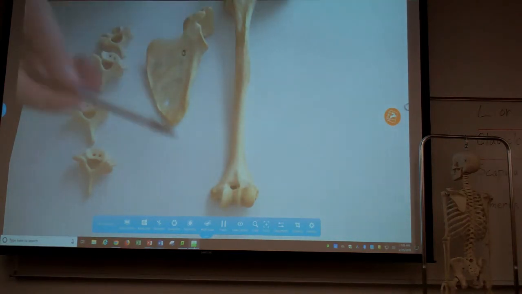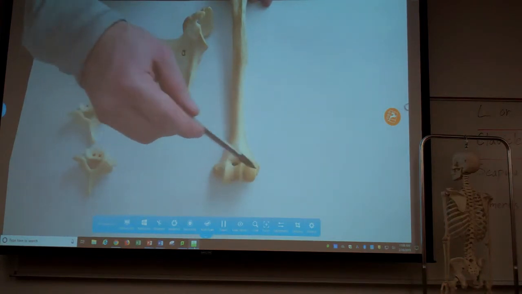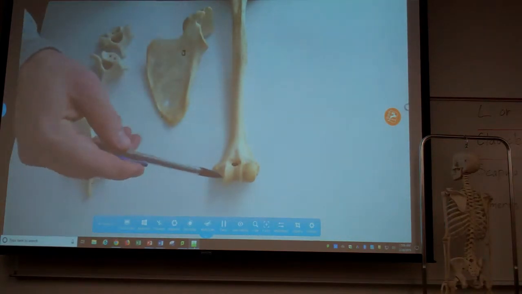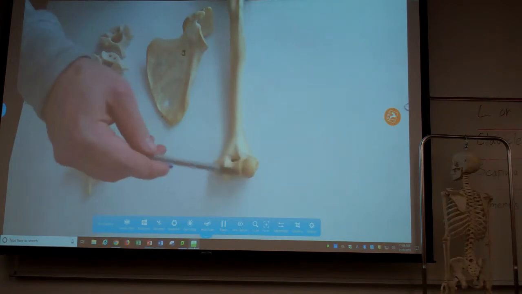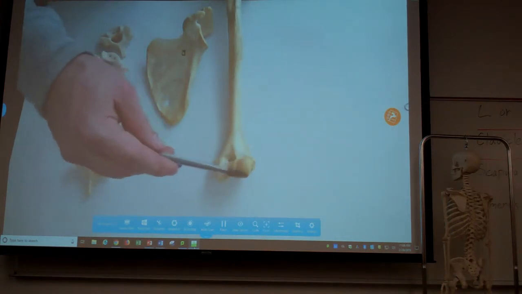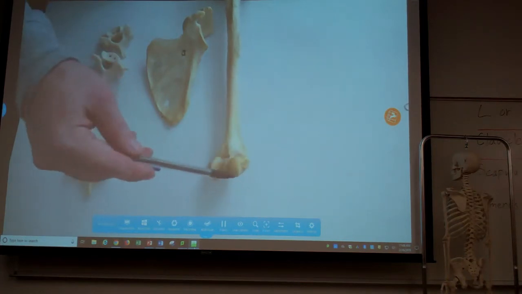Last two, we've got two condyles down here. For whatever reason, they give these condyles specific names, so make sure we know the specific name here. This one that's rounded, kind of looks more like a head, is your capitulum. Think cap: you wear a baseball cap on your head.